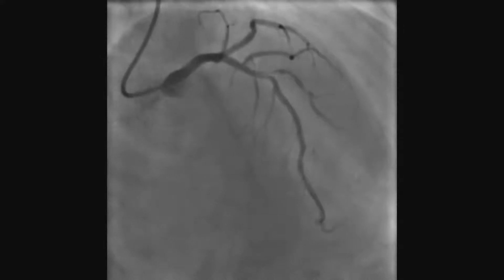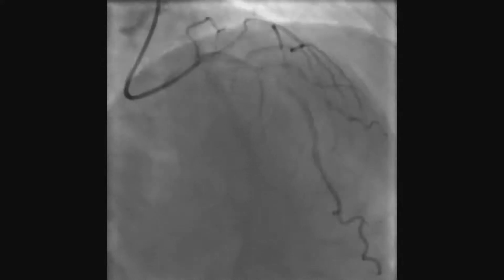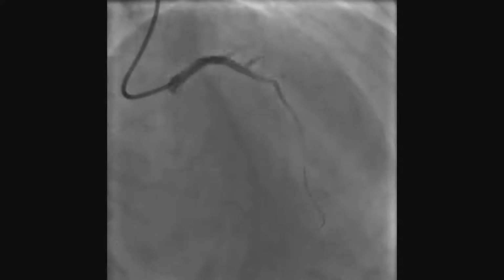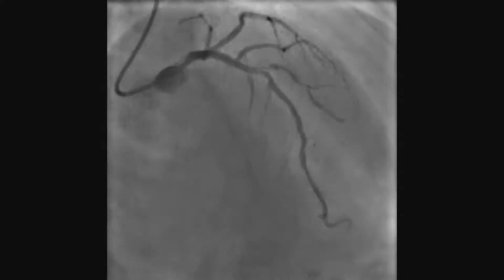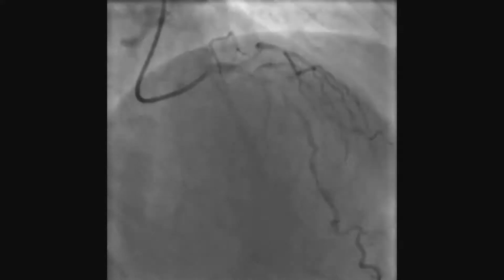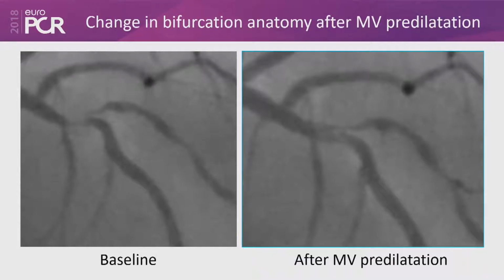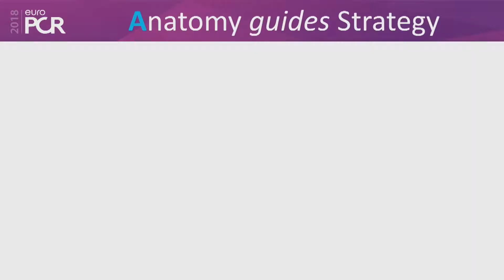Still there is no side branch wire, but the ostium of the side branch does look different. It looks like the wiring will be much easier now. And look at it here, once again magnified. This is our baseline position. And this is what happened after main vessel predilatation. We ended up with a 2-stent strategy, and it was a very nice result.